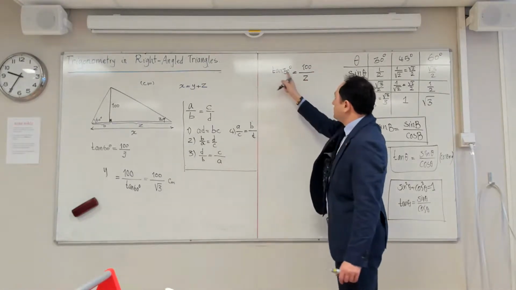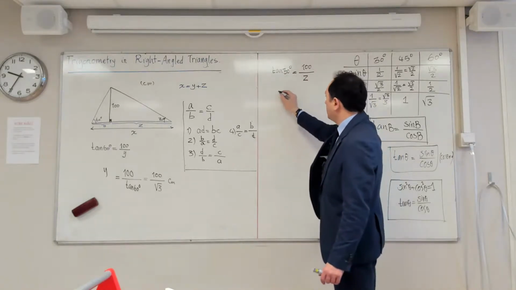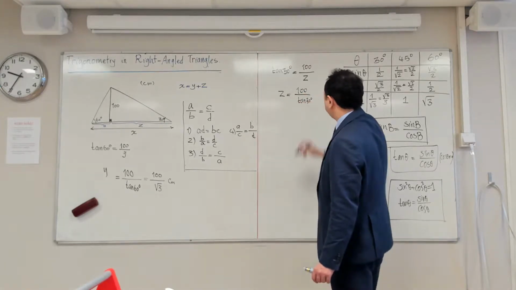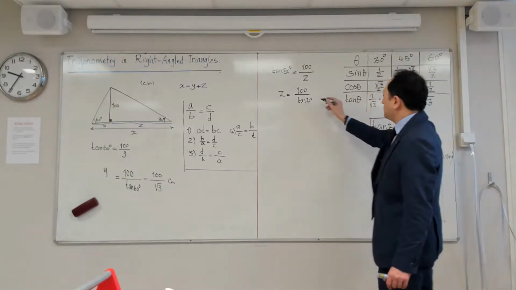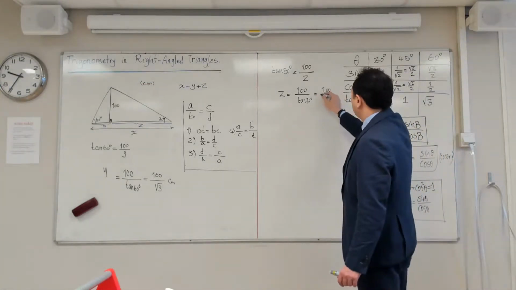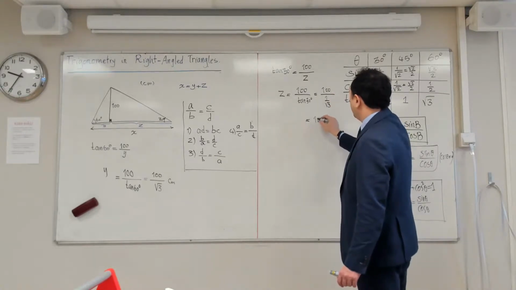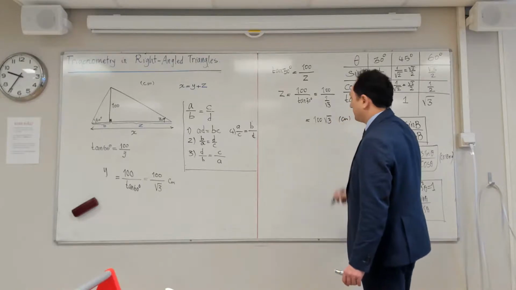I use the same trick. I interchange these two because my goal is to find z. So this becomes 100 divided by tangent of 30 degrees. And tangent of 30 degrees is this number. So this becomes 100 divided by 1 over square root of 3. So this becomes 100 square root of 3 centimeters.